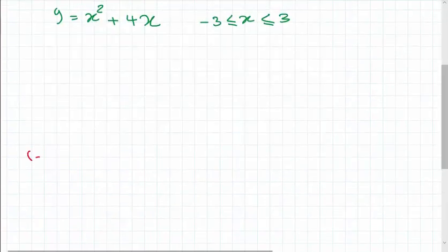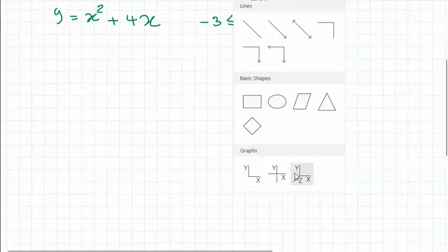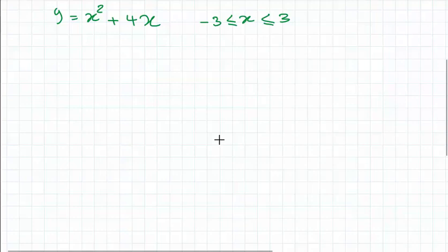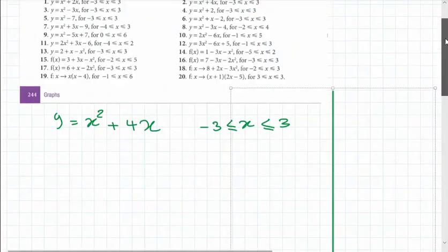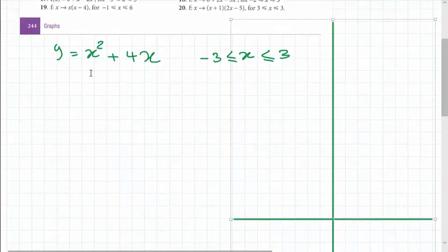Okay, let's do this. Firstly, we need an xy axis from -3 to 3, with 2 units, which means 6 steps on the side. Okay, let's have this xy axis. Firstly, we make the table, then we plot the points on the xy axis and we join them with smooth curves.